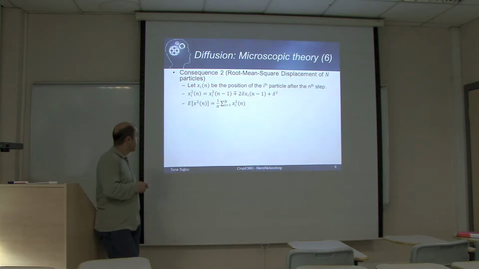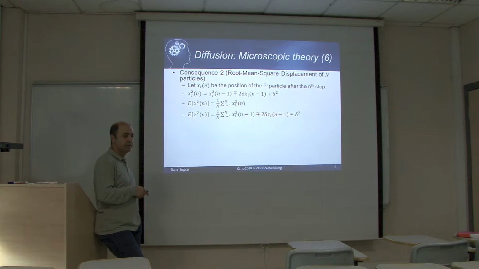So the expected value of this would be 1 over N of the squares. That's the definition of the expected value. If you substitute it in here, that would be 1 over N sigma of x_i squared of n minus 1, plus this thing, plus delta squared.